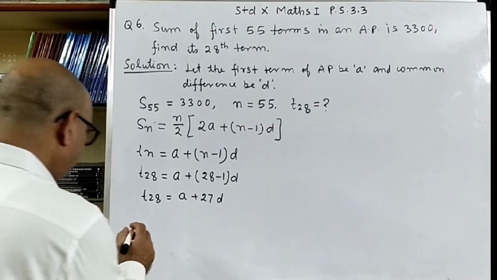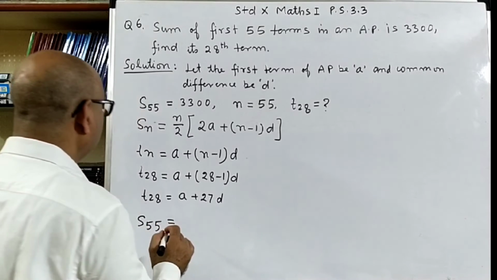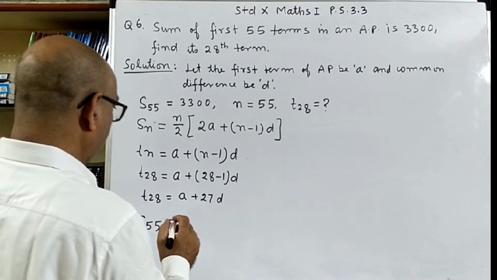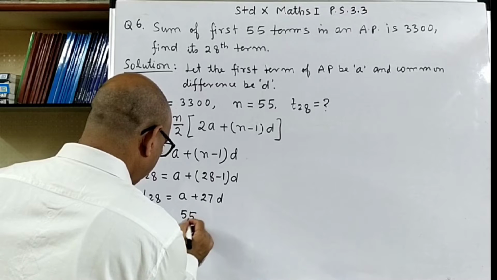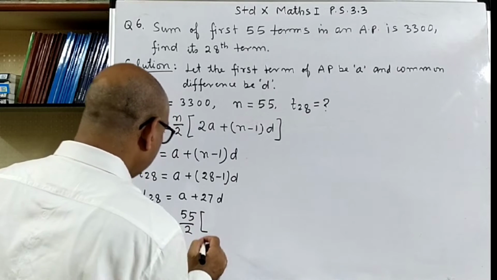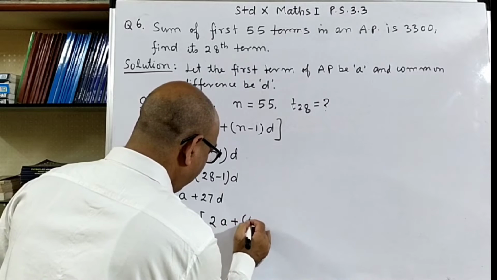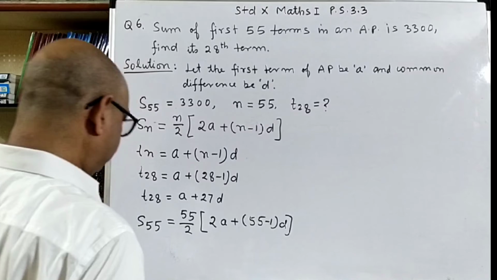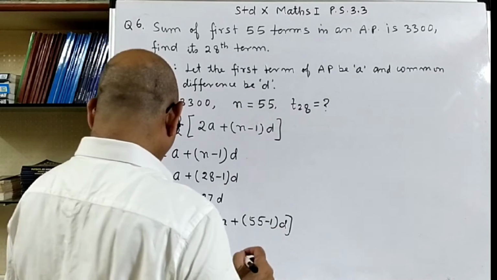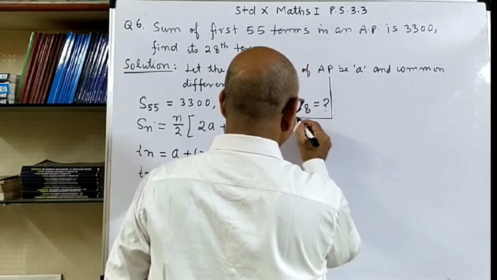Let's find out the value of S55. S55 is equal to n by 2, that means the value of n is 55, so 55 by 2 into 2a plus n minus 1, 55 minus 1, d. The value of S55 is 3300.